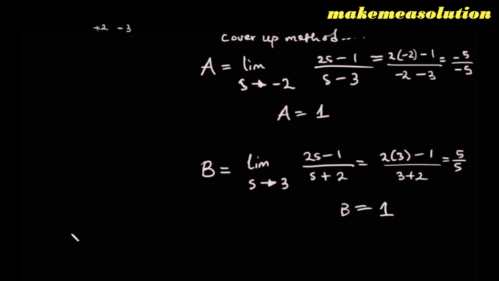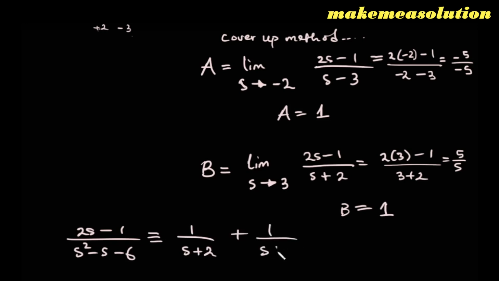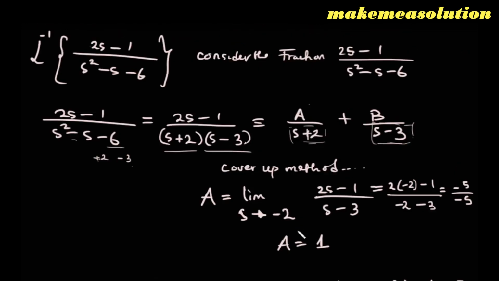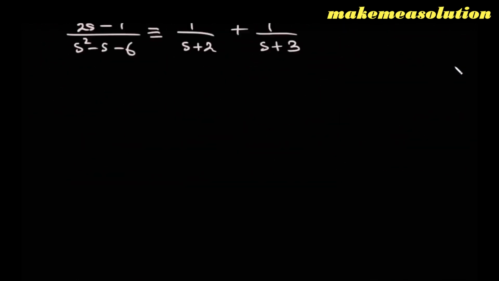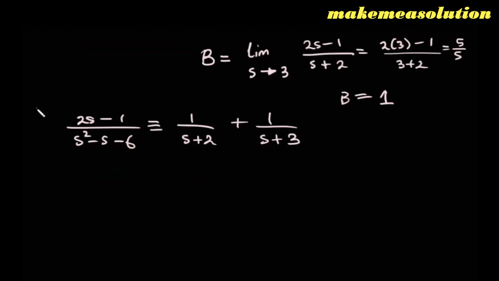So the value of a and the value of b is 1. That means this 2s minus 1 all over s square minus s minus 6 evaluates to 1 over s plus 2, then plus 1 over s plus 3, according to what we have over here. Remember that we're finding the Laplace inverse of this fraction. That means the Laplace inverse of this fraction is the Laplace inverse of the sum of these two fractions.